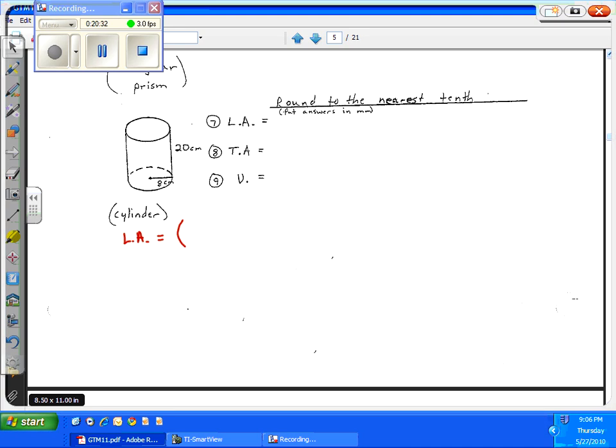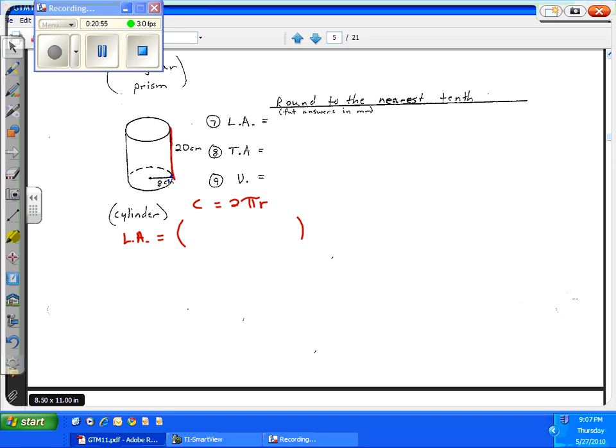For lateral area, remember that lateral area is equal to the perimeter of the bottom times the height of the prism. Now, the perimeter for a circle is called circumference, and circumference is 2 pi r. So it's kind of like we're going to cut that right there, and we're going to fold the sides out, and we're going to make a big long rectangle.